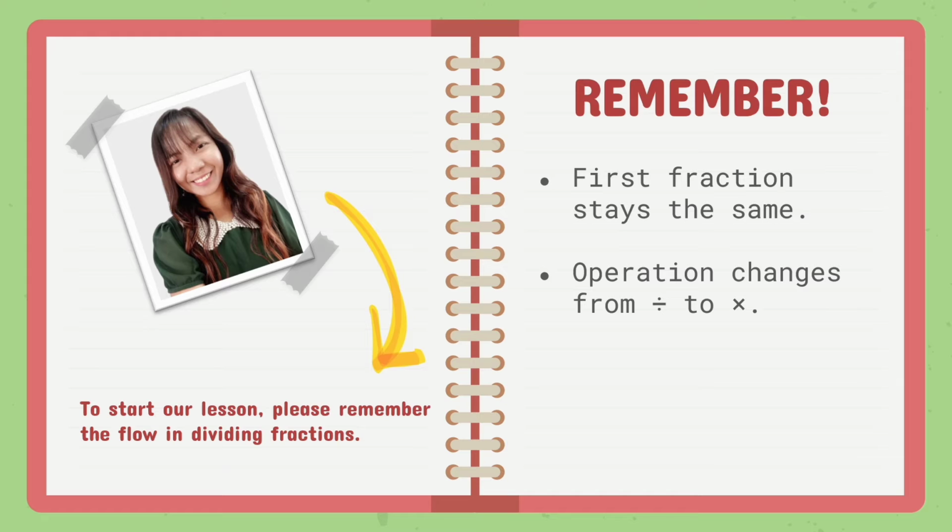Again, operation changes, from division to multiplication. Flip the second fraction for reciprocal. Again, flip the second fraction for reciprocal. So this is the flow in dividing fractions in general.